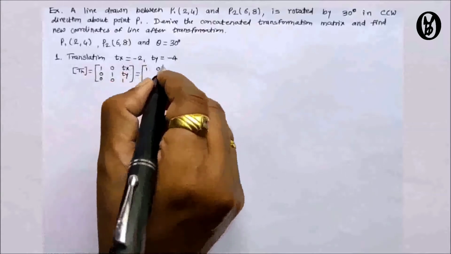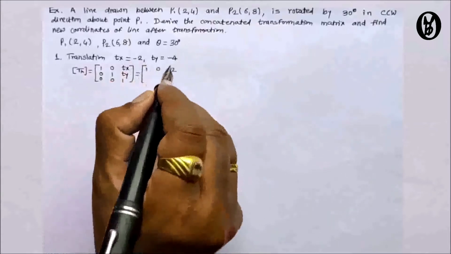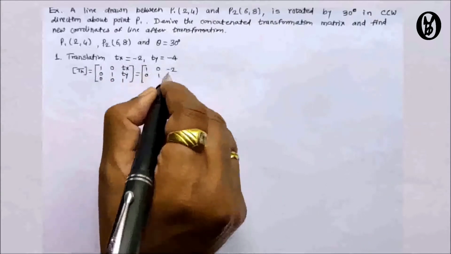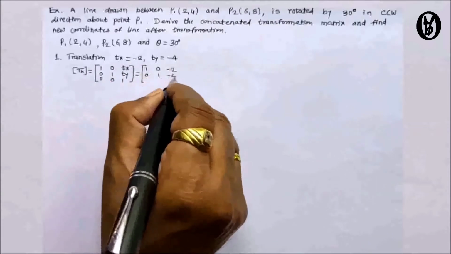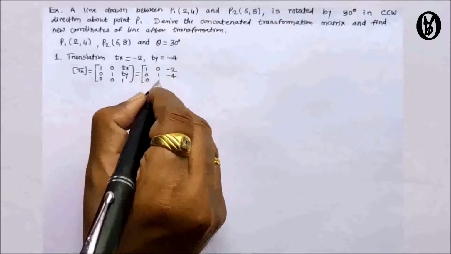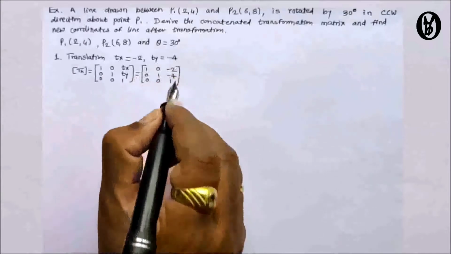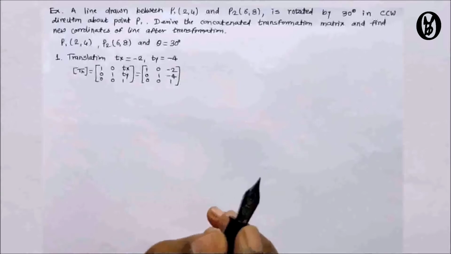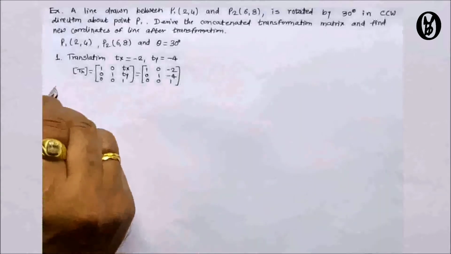By putting the values of Tx and Ty, we get [1 0 -2; 0 1 -4; 0 0 1]. So this is the translation matrix for the first calculation.